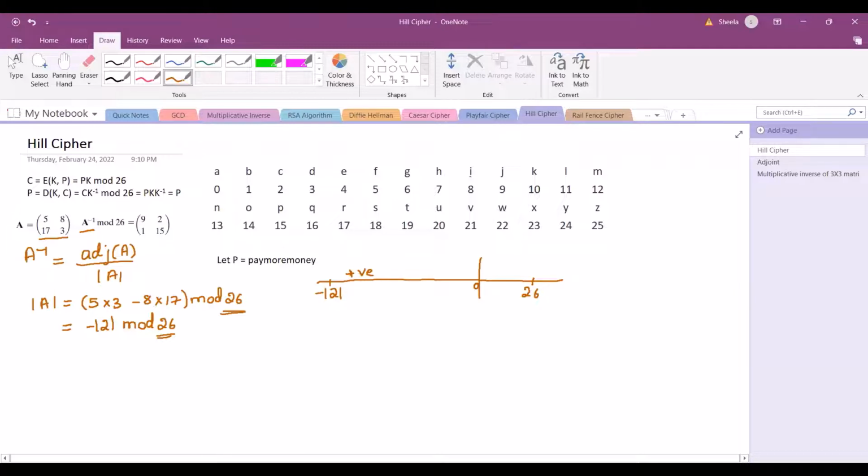So one way of finding minus 121 mod 26 is adding 26 to minus 121. How many times do we have to add?